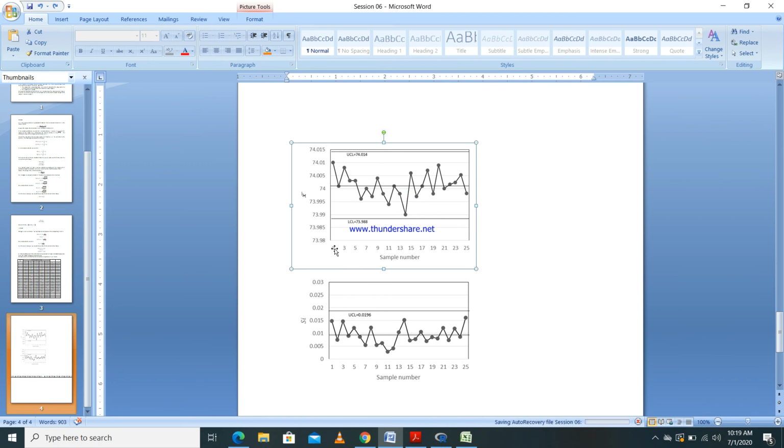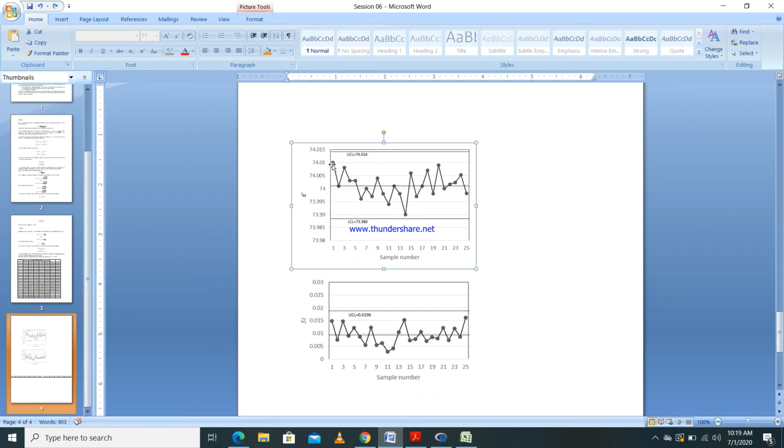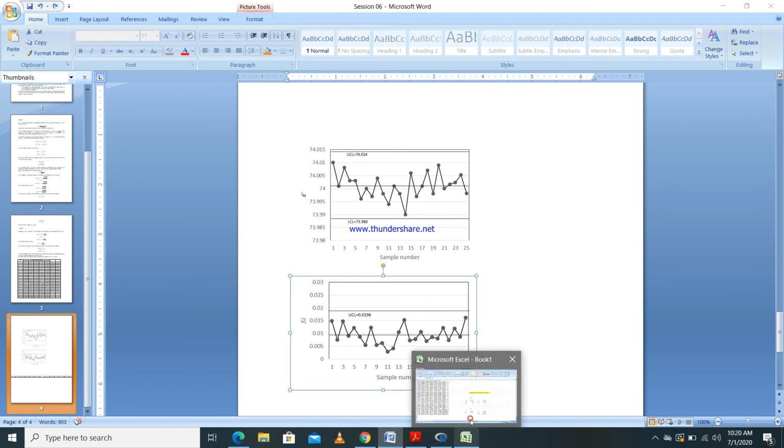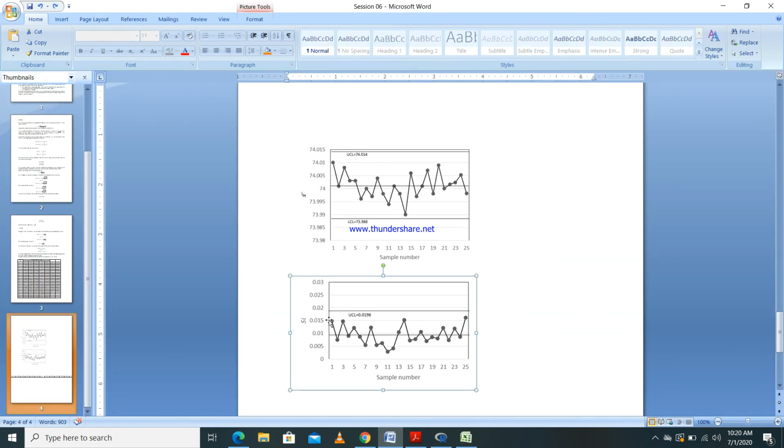If you take day 1, the sample mean value is 74.01. So with day 1 you have to plot 74.01 when you are constructing the X bar chart, and when you are constructing the S chart for day 1 you have to consider the sample standard deviation of day 1, that is 0.0148. So with day 1 here you have to plot 0.0148.